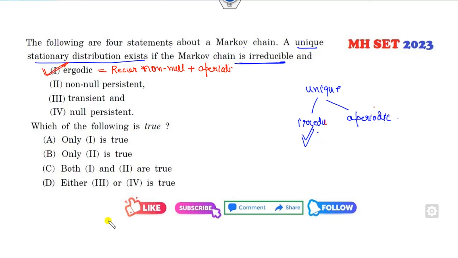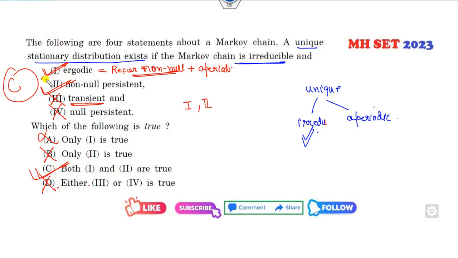So 1 is the correct option. 2 is cancelled, either 3 or 4 is cancelled. Moreover, if all the states are transient, that will neither be aperiodic. No null persistent, that's the definition of the ergodic. So the first and second are the right answer of this problem.